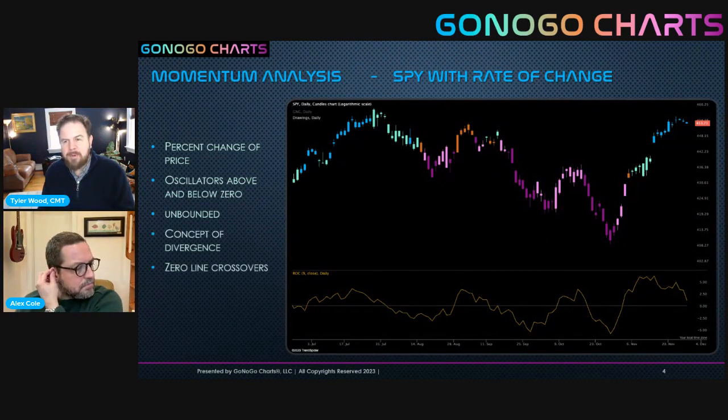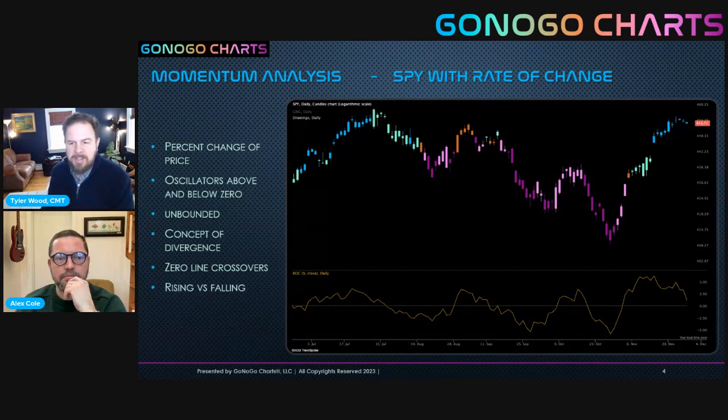For those of you who remember the meme stock craze, indicators like the rate of change, which are unbounded, gave us some very caricature-esque data points as those prices moved in extreme fashion in both directions. An unbounded momentum oscillator is going to range infinitely high or infinitely low, depending on the movement of that price action. And rate of change is simply a powerful tool to understanding whether that trend is accelerating or decelerating, or maybe coming to a moment of exhaustion.